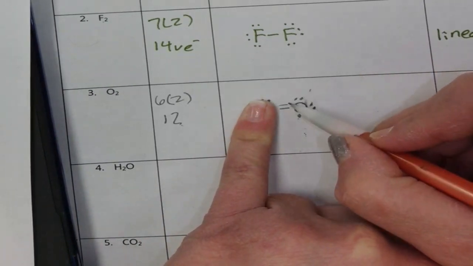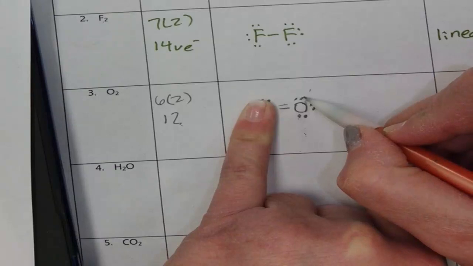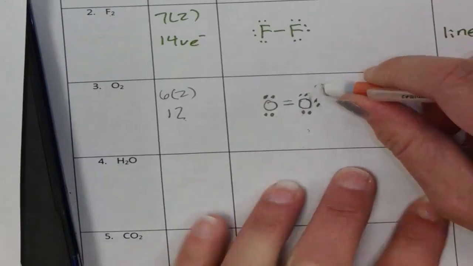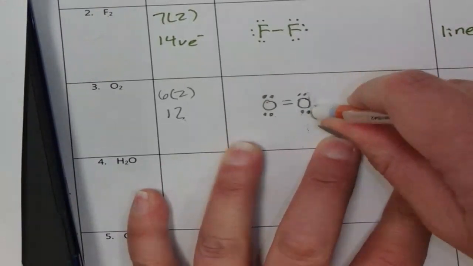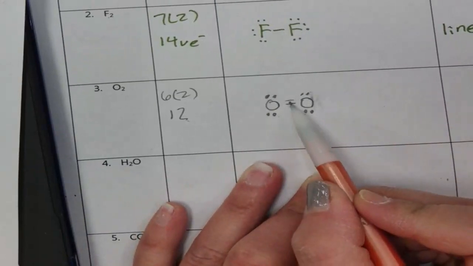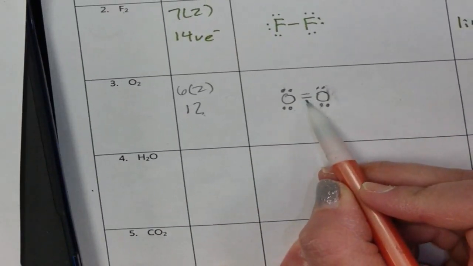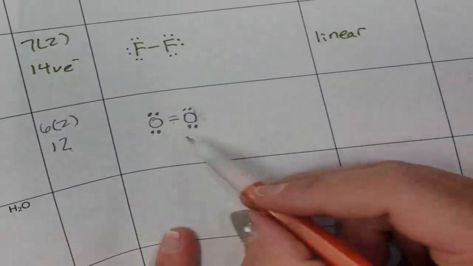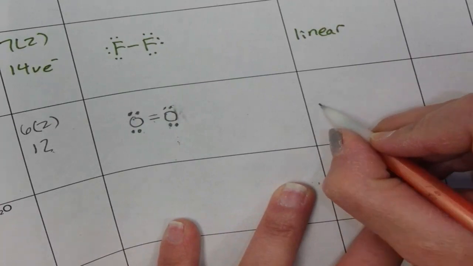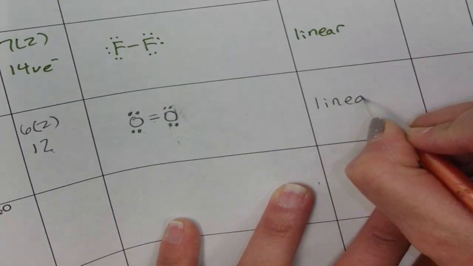I've given this oxygen 2, 4, 6, 8, 10, and it can only have 8. So we have to erase our lone pair before we make a double bond. I still have only one bond here in the center, so this is linear.